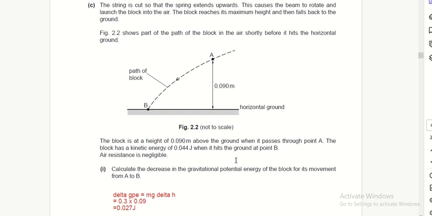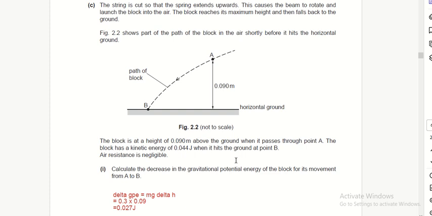The block is at height 0.09 when it passes through point A, kinetic energy given here at this point, and at point B where the block hits the ground, what was the decrease in gravitational potential energy.